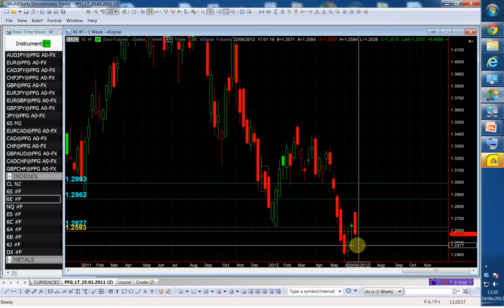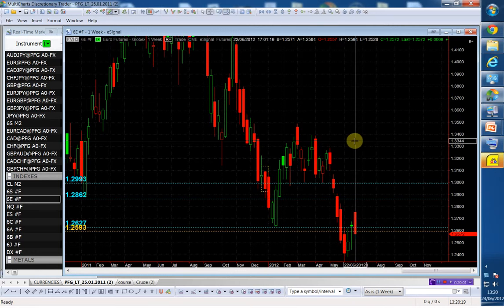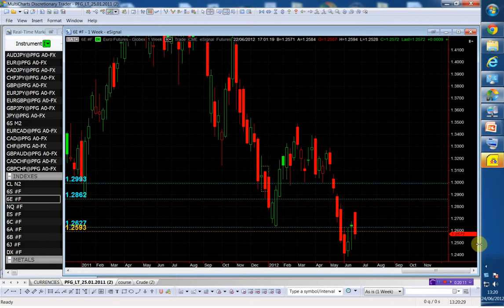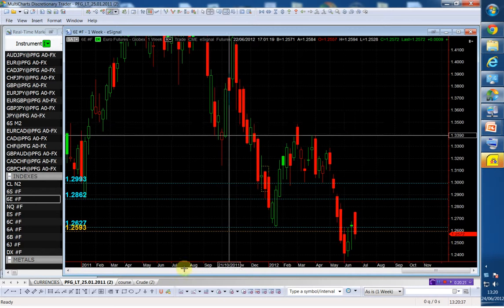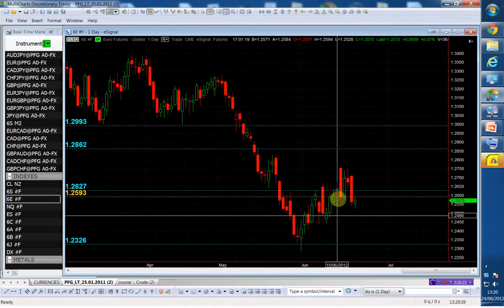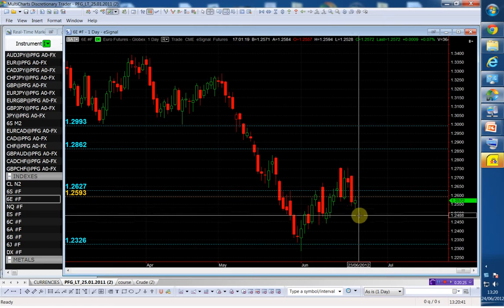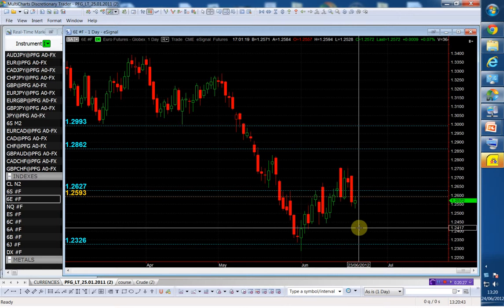and we closed the week at 125. The low of the week was 125.28, and we closed the week at around 125.72. This again is a negative close, and it is a good close that indicates continuation, because all that happened on Friday, you got some short covering buying.